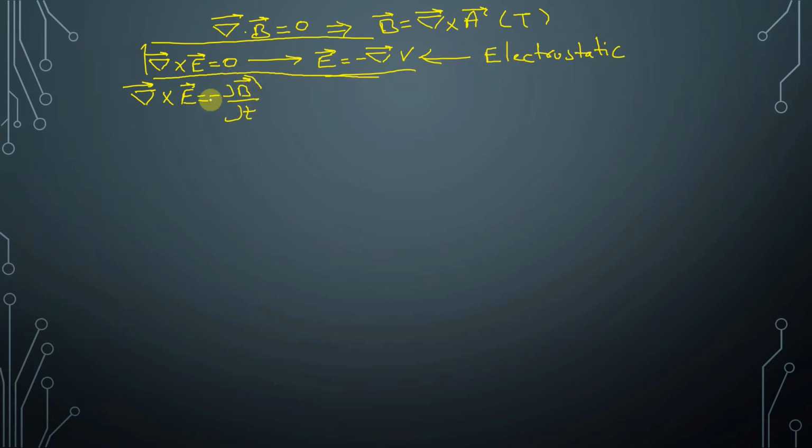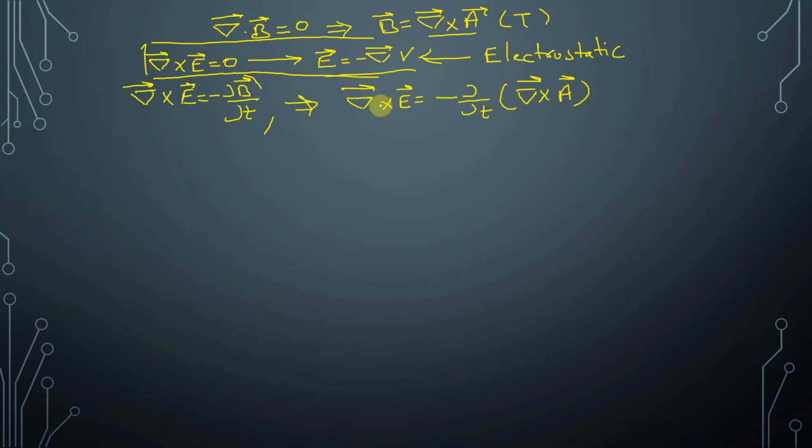If del B by del t is 0, then del cross E will be equal to 0. Now put the value of B. What is B? B is equal to del cross A. So del cross E is equal to minus del by del t of del cross A.